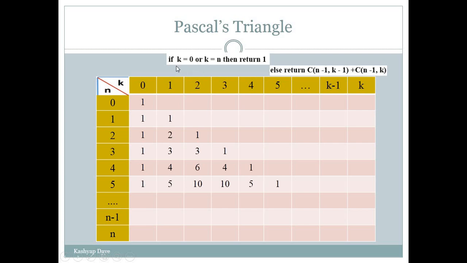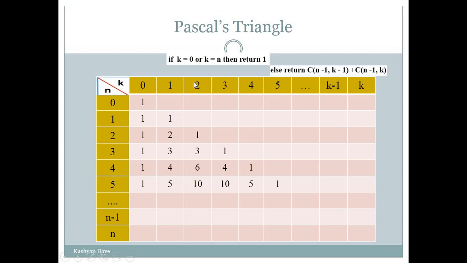Another condition is there: if k is equal to 0, which we have taken here, or k is equal to n. Here k is equal to 0 and n is equal to 0, so k is equal to n, so 1. Here k is equal to 1 and n is equal to 1, so this will be 1.